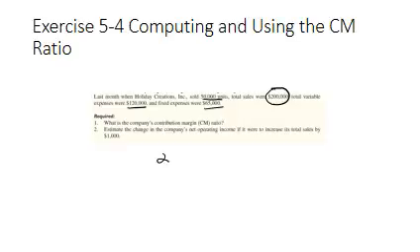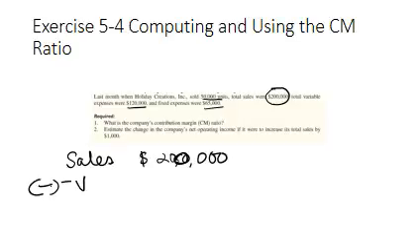So we know that total sales is 200,000. And we know we have to subtract the total variable expenses. And this is 120,000.